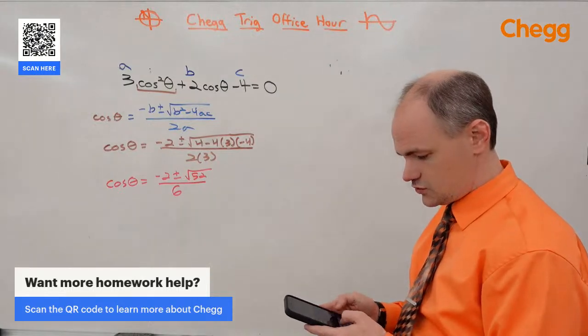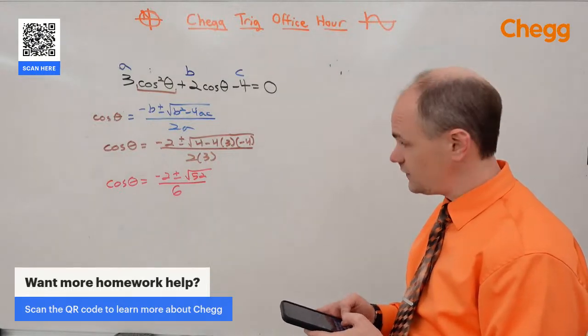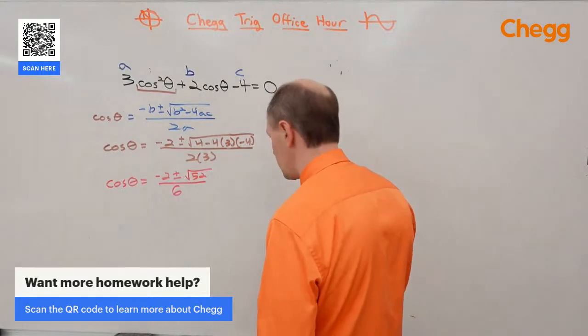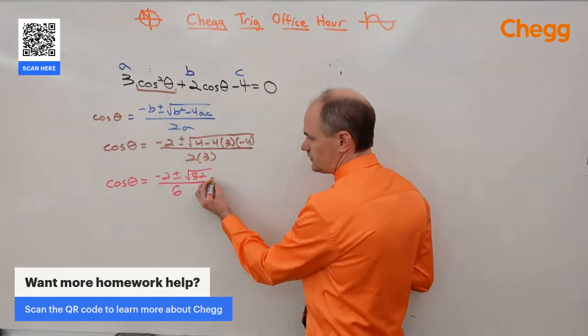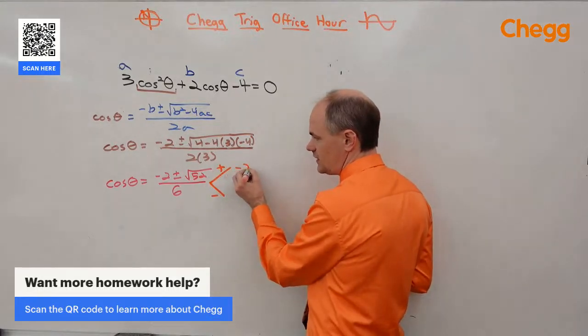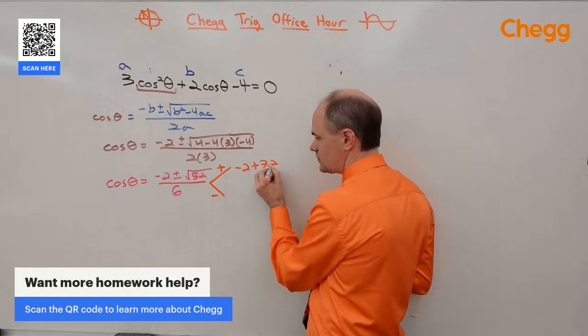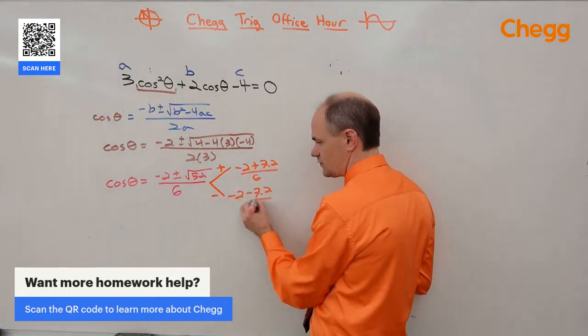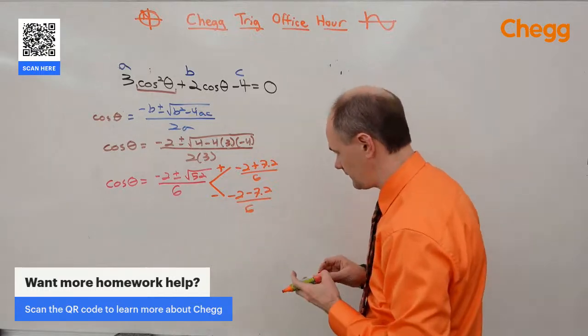It's about 7.2. So cosine is equal to, we're going to do both the plus and the minus, -2 plus 7.2 divided by 6, and -2 minus 7.2 divided by 6.